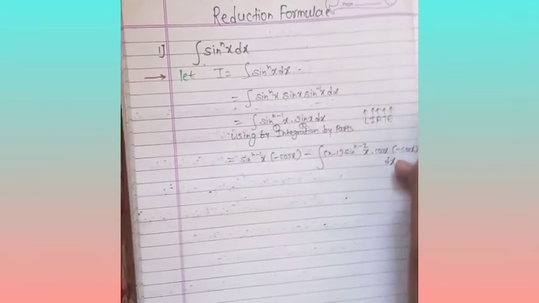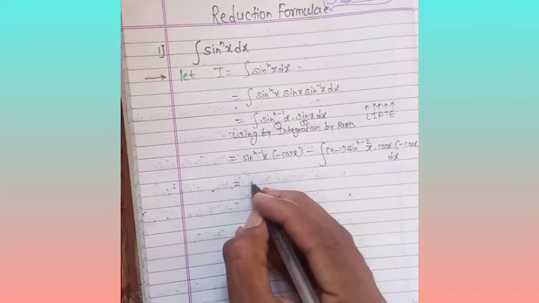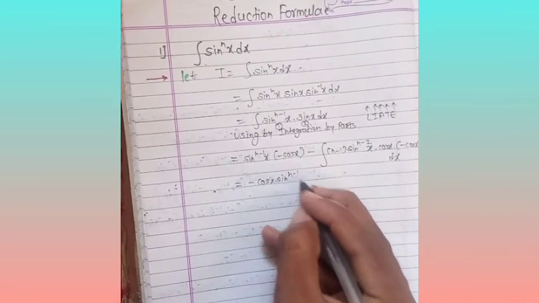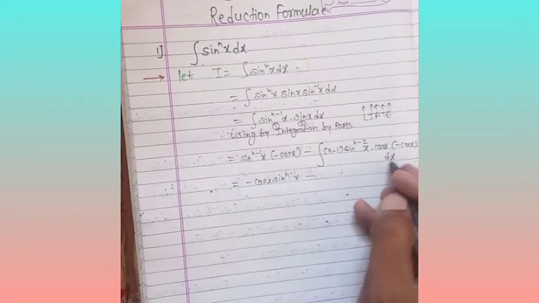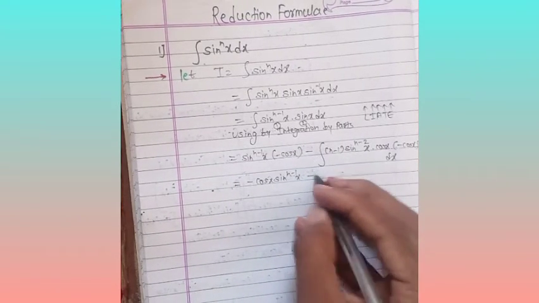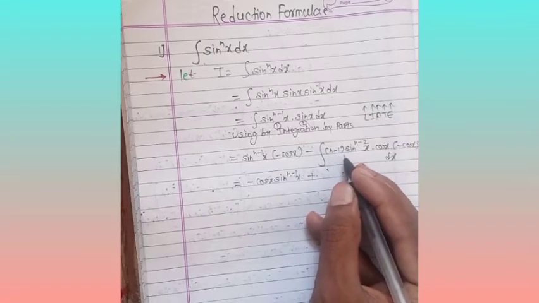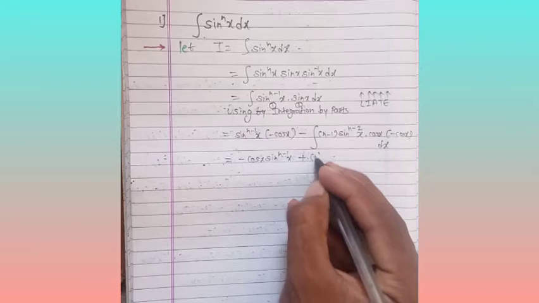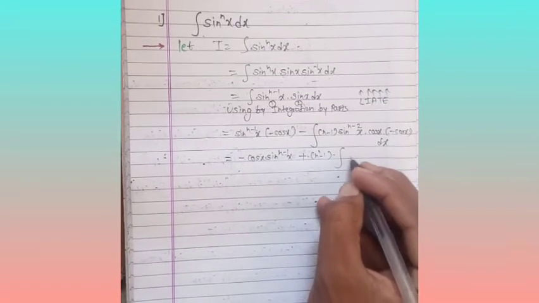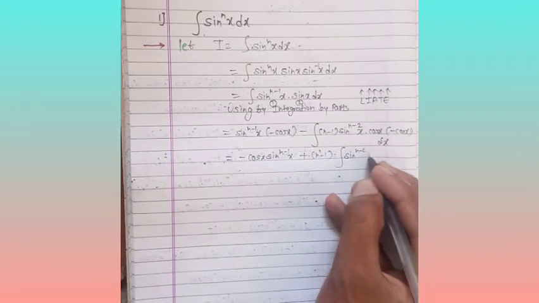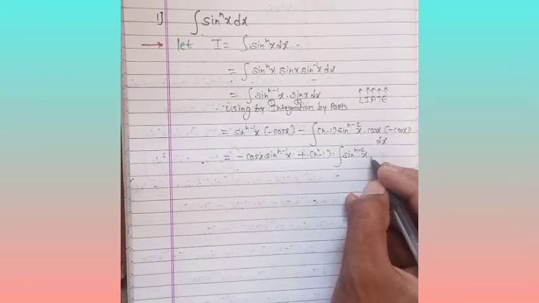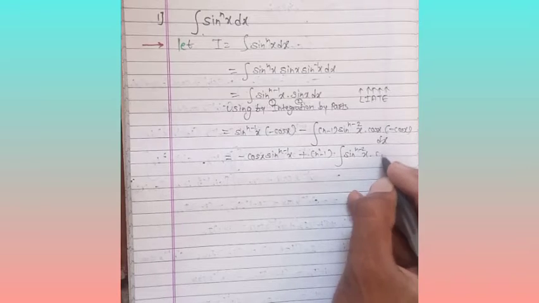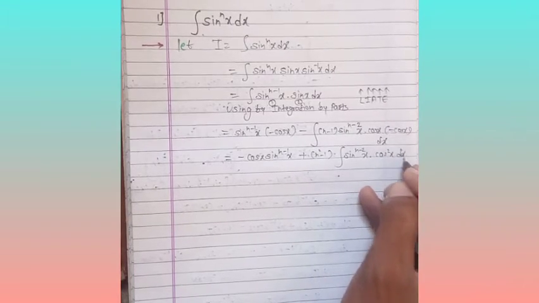Okay, now after simplifying, we will get minus cos x into sine raised to n minus 1 x minus, this minus will be plus. This n minus 1 is a constant, so we will take it out of the integral, into the integration of sine raised to n minus 2 x into cos x into cos x, which will be cos square x dx.